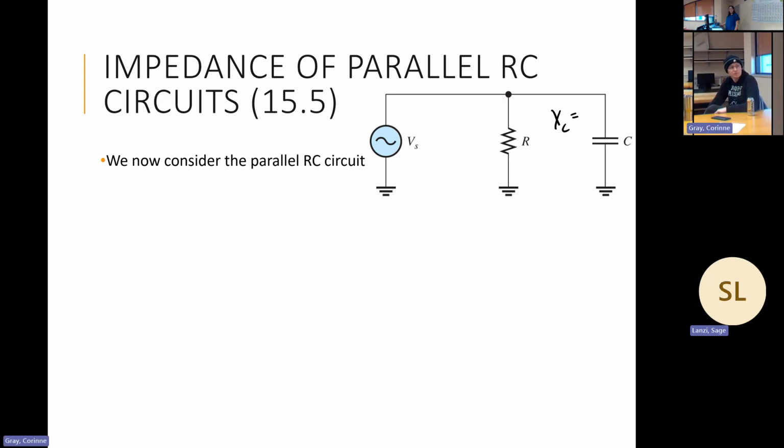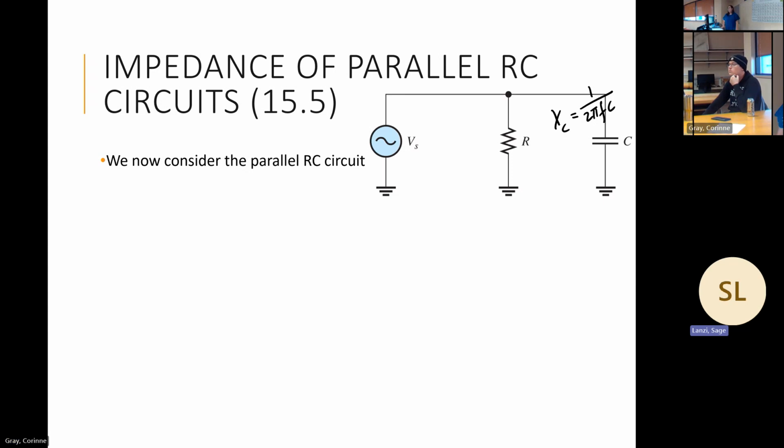What is the definition of XC? 1 over 2 pi frequency capacitance. Yes. This is still going to be true. We're still going to be able to utilize this equation this way.